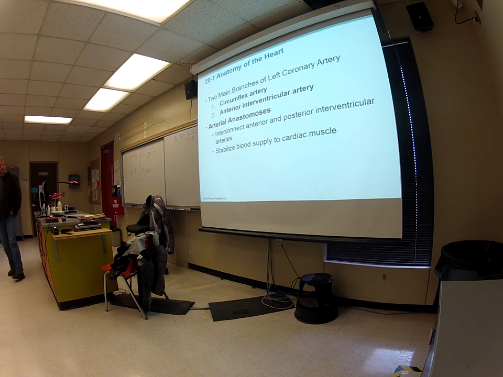What is it? Arterial, we're talking about arteries, arterial anastomoses. How about this? Let's just clean the word up a little bit. Shortcuts, bypasses, side trails. Do those all make sense?